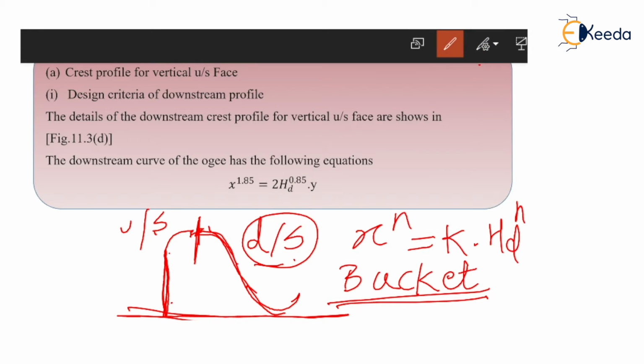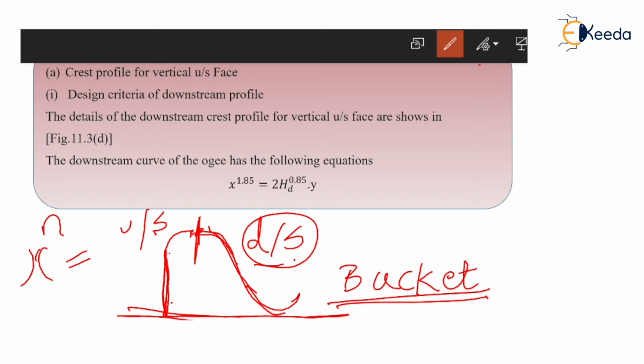Wait, I will show you. See, x raised to n is equal to k into Hd raised to n minus 1 into y.